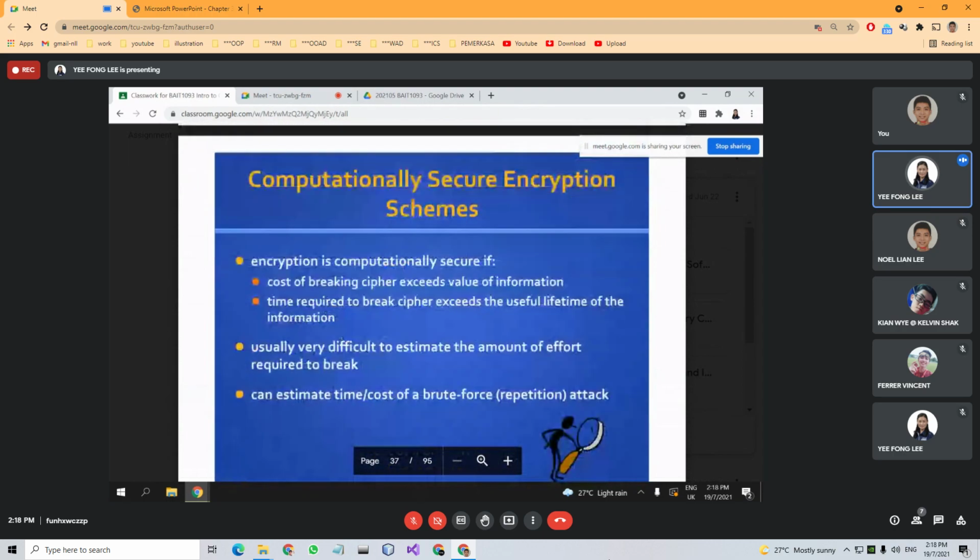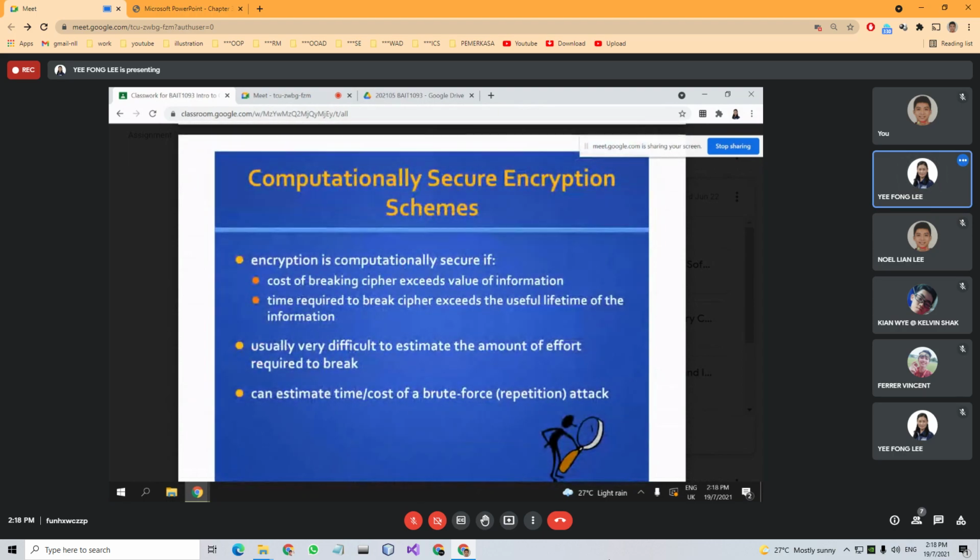Next one, computationally secure encryption scheme. Encryption is computationally secure if the cost of breaking the cipher exceeds the value of the information. Yes, agreeable.